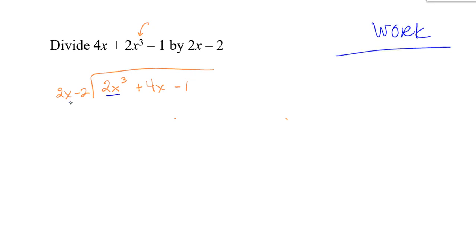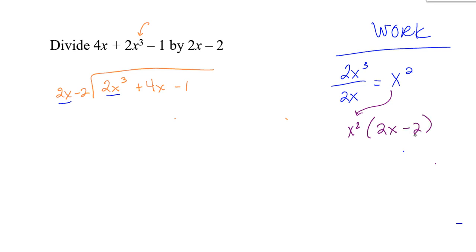I'm going to take the first thing on the inside, divide it by the first thing on the outside. Turns out that is x squared. Then I take the x squared, multiply it by the 2x minus 2. That is 2x cubed minus 2x squared. Oops, I forgot to write that guy at the top.